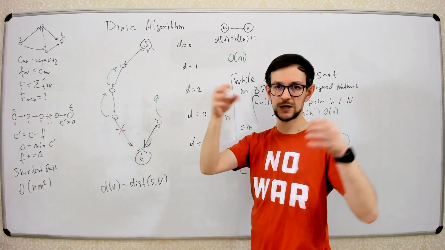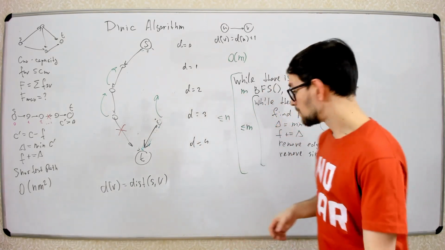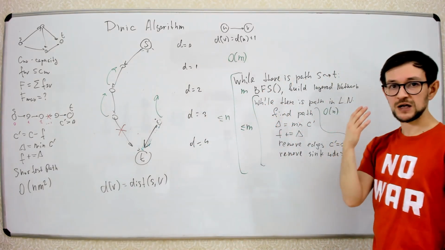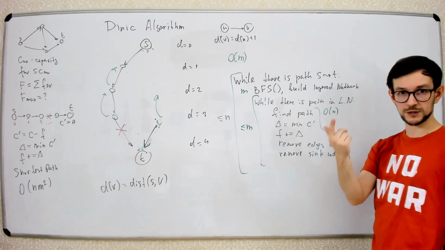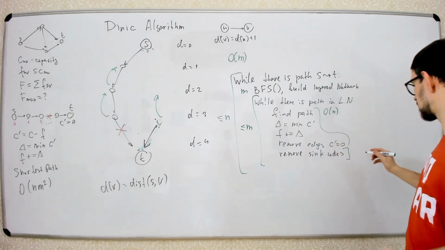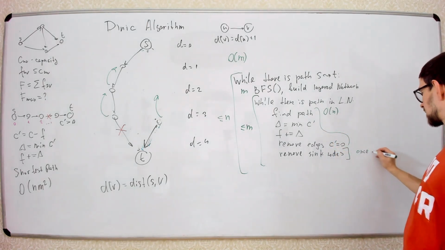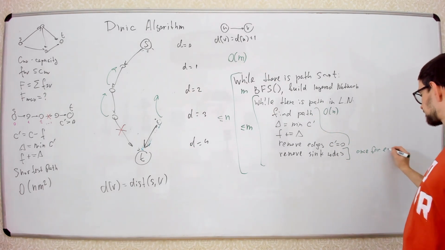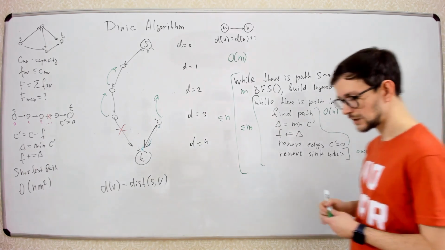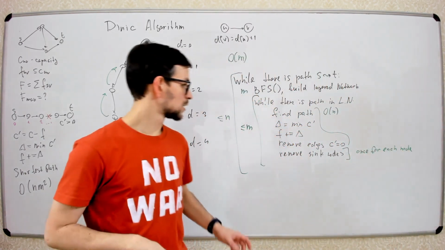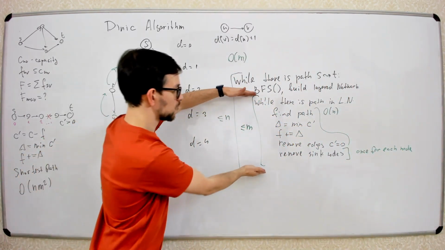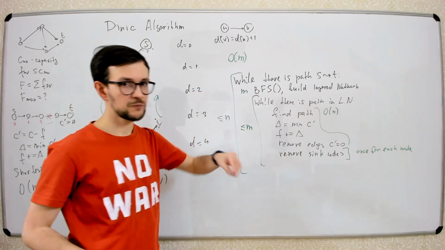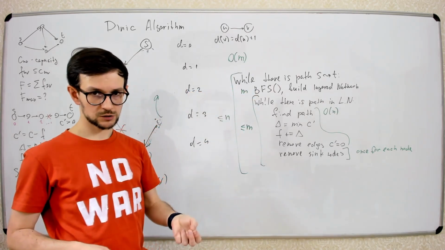But you remove each node at most once. So for the whole loop, this operation can be run only once for each node.